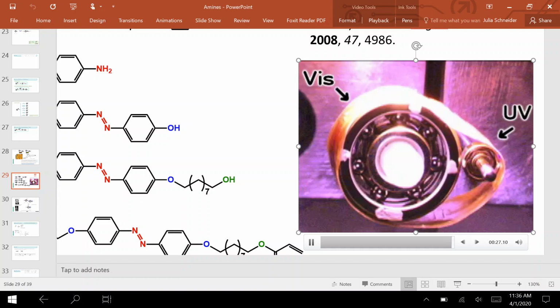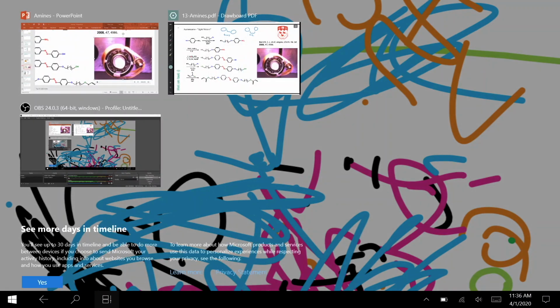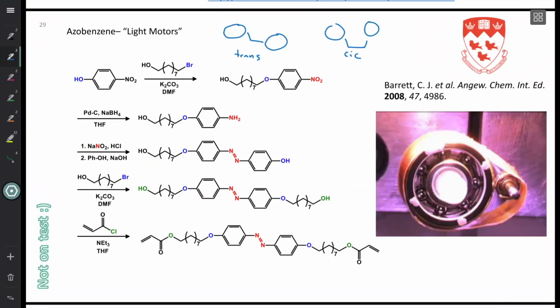No, not terribly, but it's super cool. And other labs have made very thin sheets of azo compounds that will sort of flutter with light. So you can Google azobenzene motors, and there's some cool stuff there.